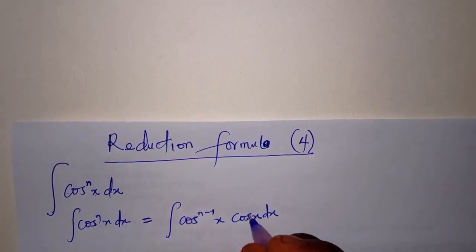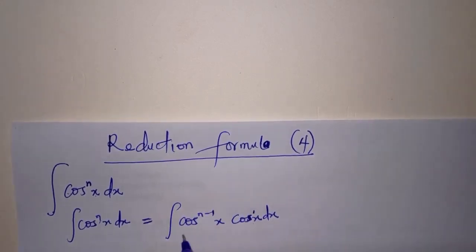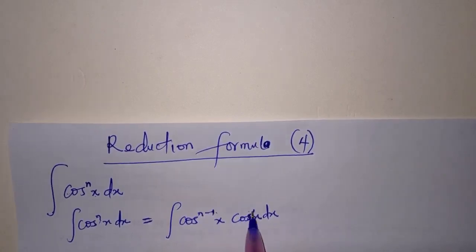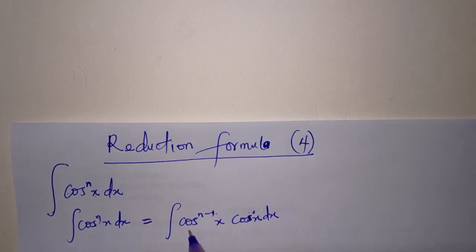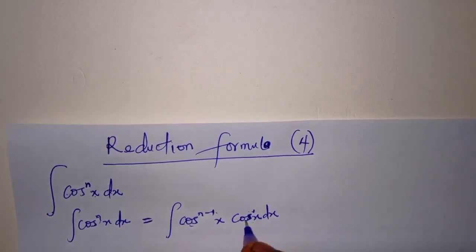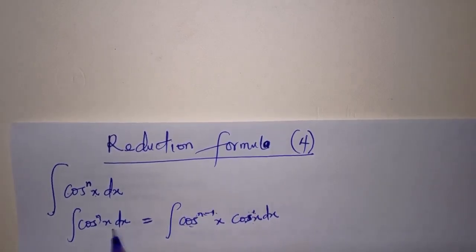This cos here has the power of 1, and this one has the power of n minus 1. If I add n minus 1 and 1, I get n, because n minus 1 plus 1 is equal to n. They have the same base, right? So we can add their powers to get this.